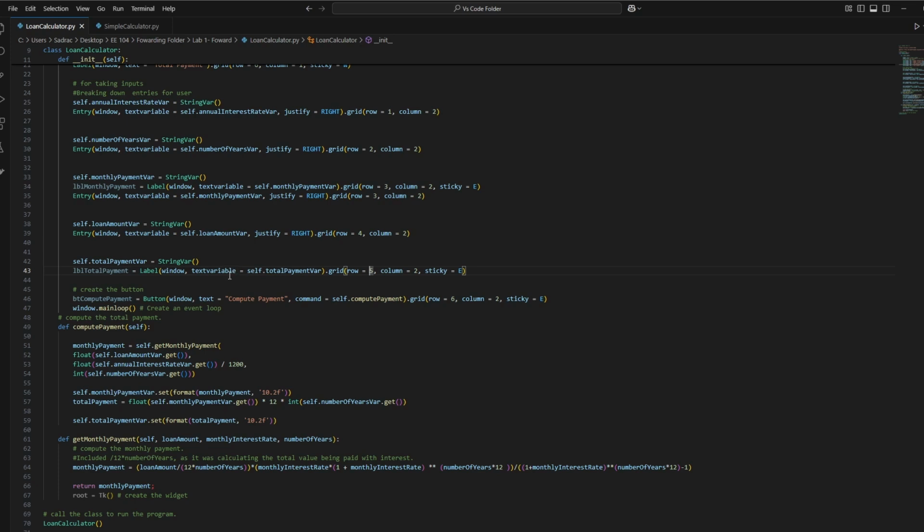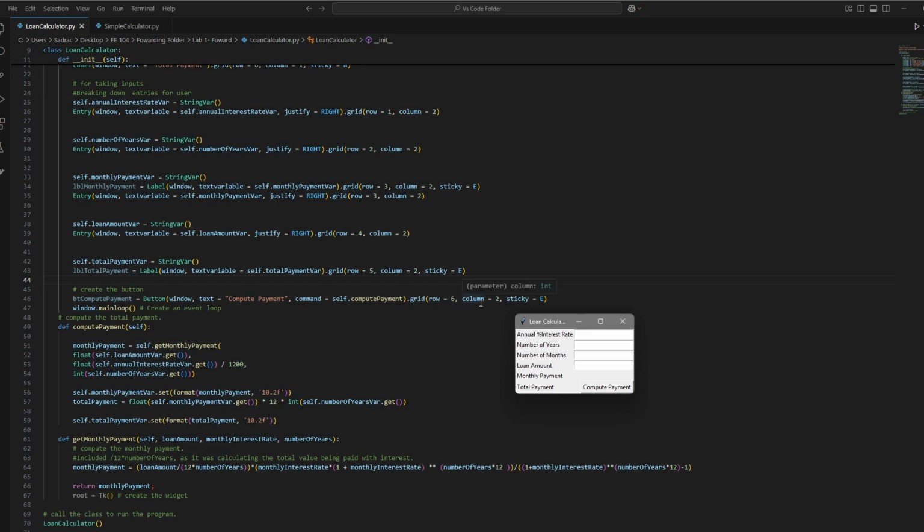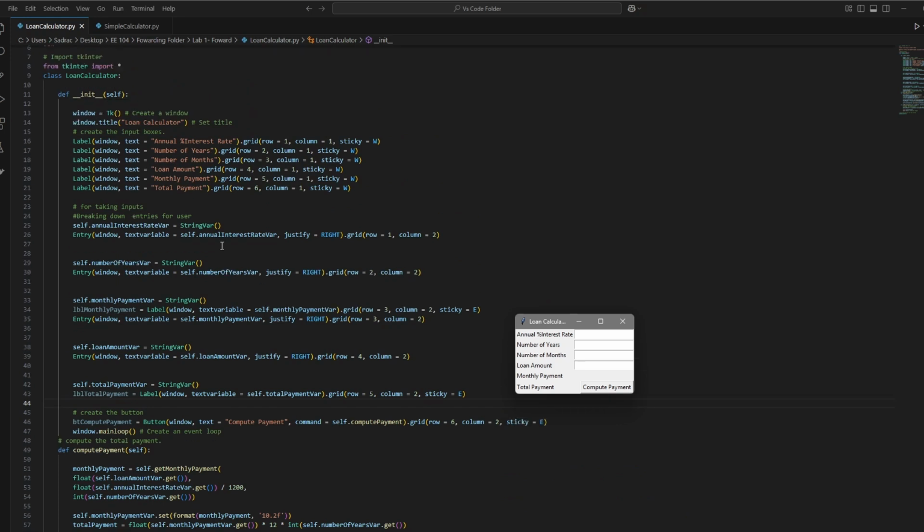And then we would also have to include our button, of the button function, which of course would be on the sixth row, on the second column. So that's why it is here. And so this would be what we would be able to see from the user's perspective.